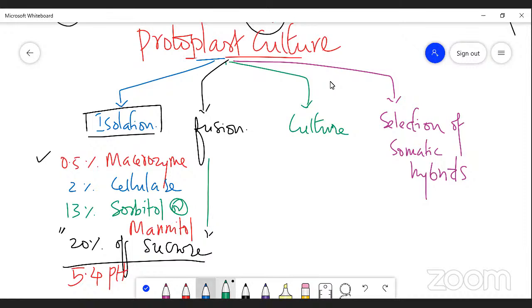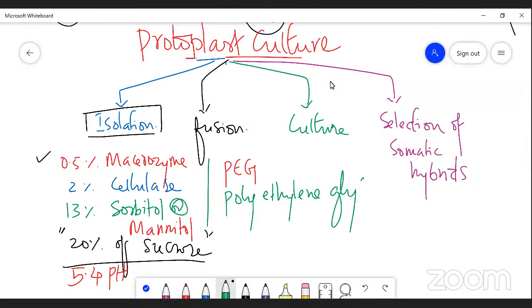Please understand, dear students, one of the chemical agents is called PEG, that means polyethylene glycol. It is nothing but a fusogen.